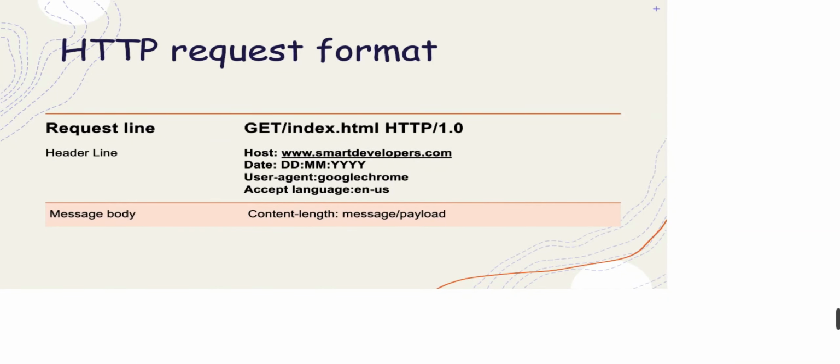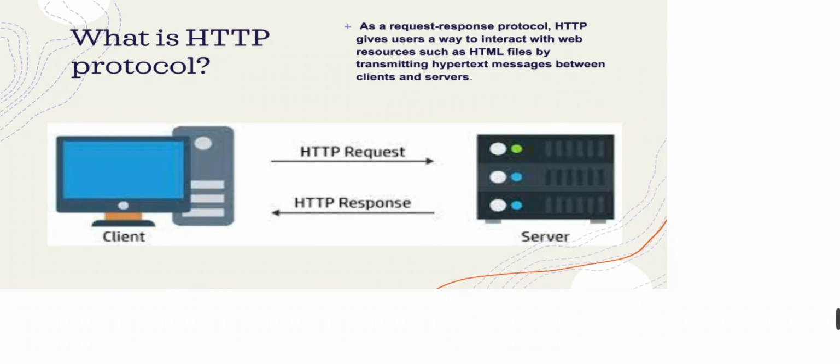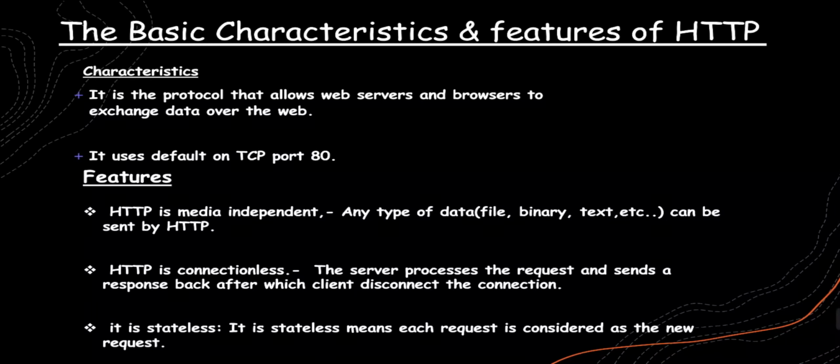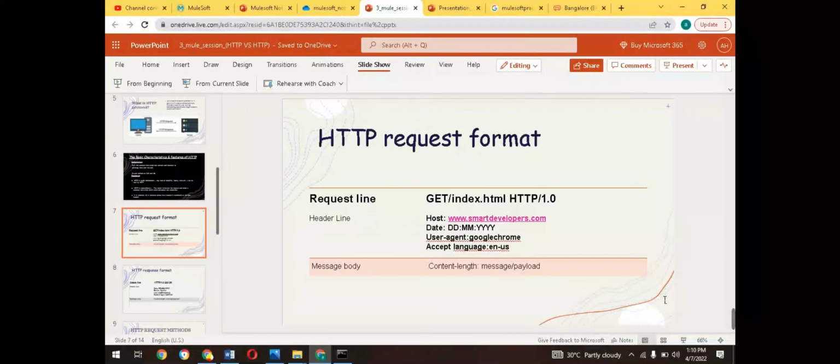Now, as I said in this slide, there will be an HTTP request and response. While working with the request, there will be a format. While requesting something over the internet, there is an HTTP request format. Let me come to the current slide, which will be helpful.